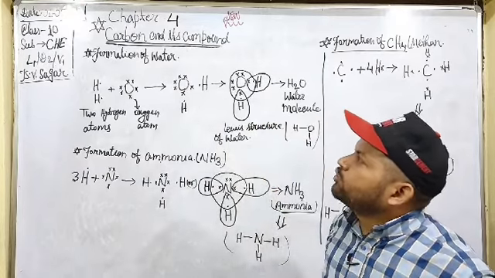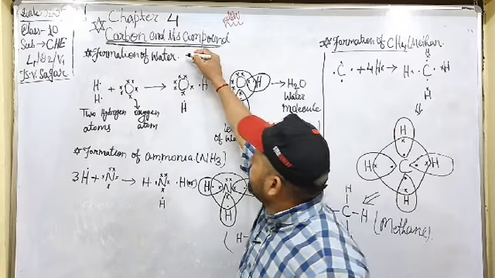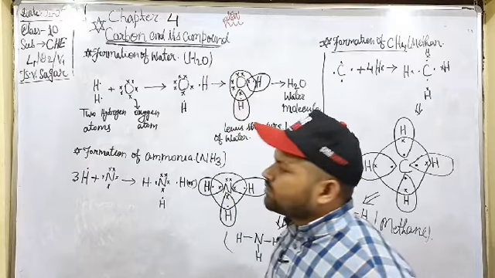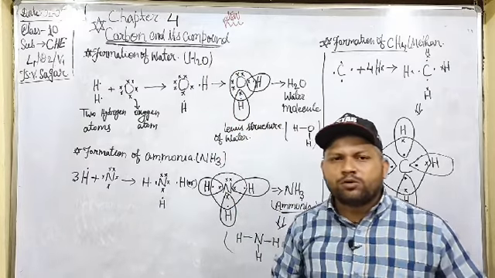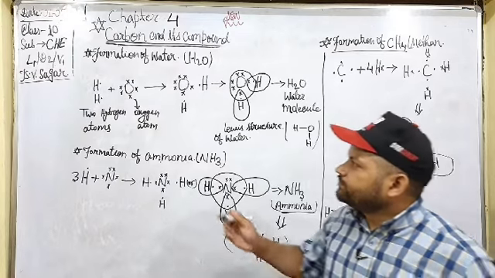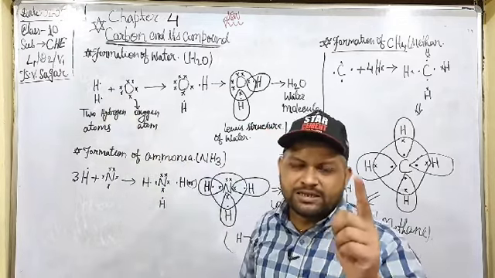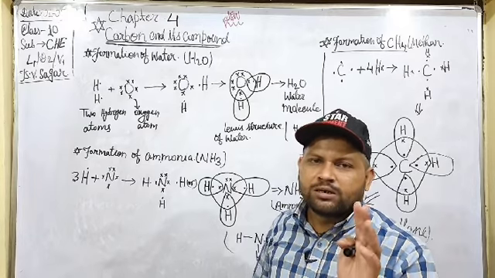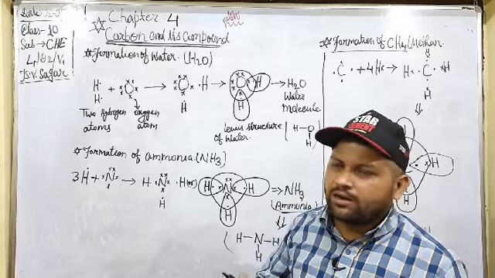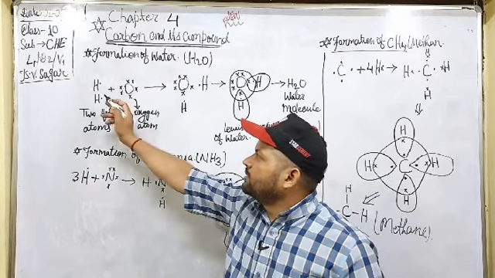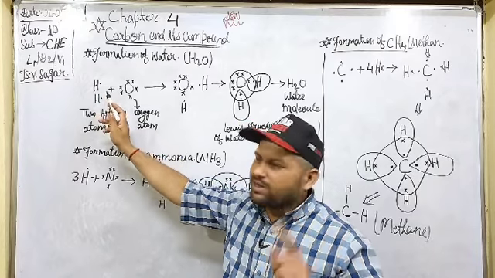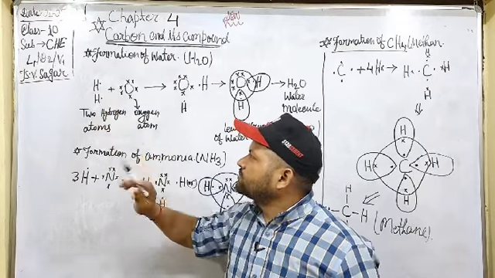As an example, formation of water. Formation of water means H2O. How does the formation of H2O take place? Here we know the valency of hydrogen, that is, the number of electrons present in the outermost shell of hydrogen is 1. So we represent here a single dot for 1 electron and here a single dot for 1 electron.